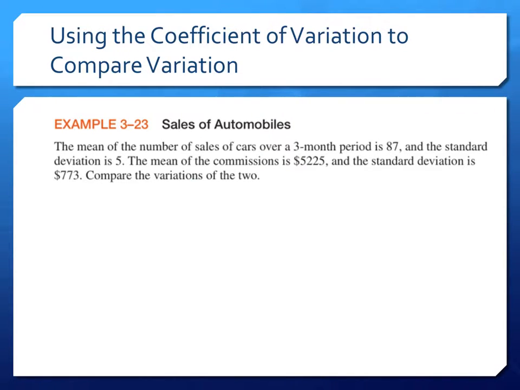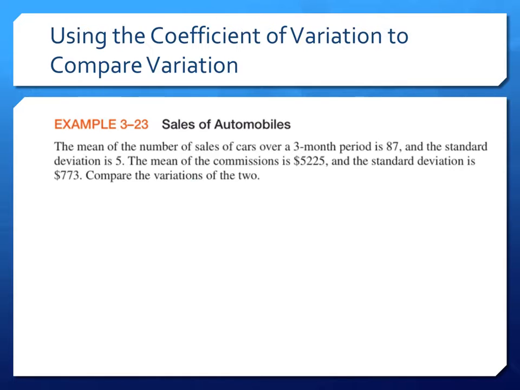Now, you have to do this using the coefficient of variation. You cannot just compare the standard deviations because one is in dollars and the other is in number of sales. Remember, if the two standard deviations are in the same unit of measures, all you have to do is take the bigger one. That's where the data is more spread out. So it varies more. However, in this example, we have dollars and number of sales, so we have to compare the spread using the coefficient of variation.